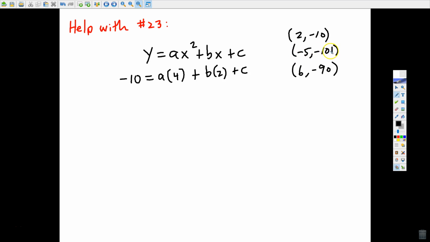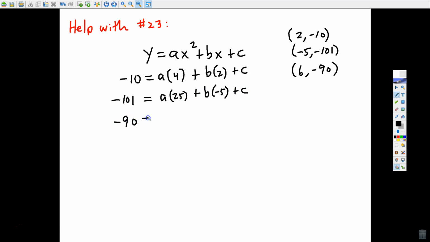Okay, and I'm going to do that same thing with this next ordered pair. Negative 101 equals A times, this is going to be negative 5 squared, which is 25, plus B times negative 5 plus C. And then finally, we'll plug in again.